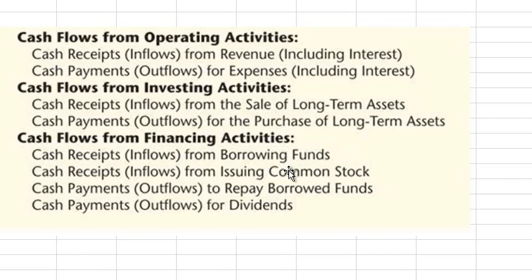Financing activity cash outflows include when you repay principal amounts on debt. And then the sort of oddball one here, when a company pays a dividend, that's considered to be a financing outflow of cash.